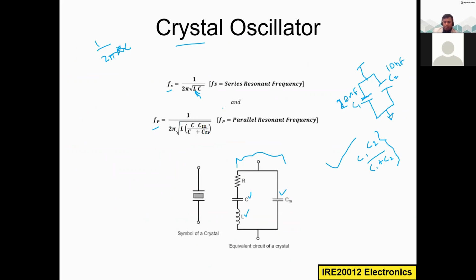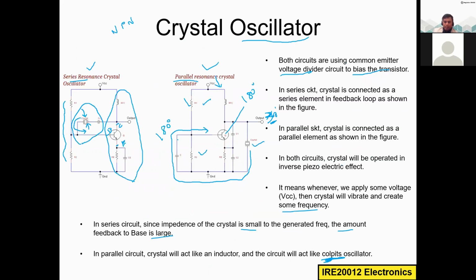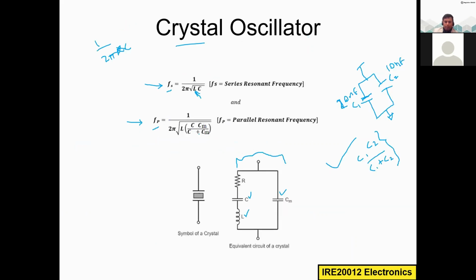And these are the formulas. You can use the crystal in series mode or parallel mode. We have seen two different circuits. Of course, when you use it in series mode, you have to calculate the resonance frequency using this formula. When you use the crystal here in parallel mode, then you have to use the parallel resonance frequency formula.